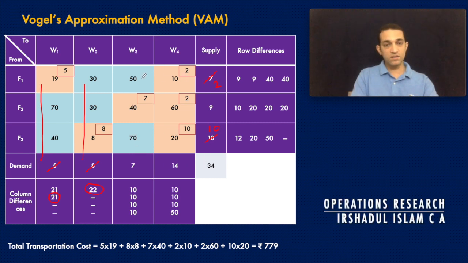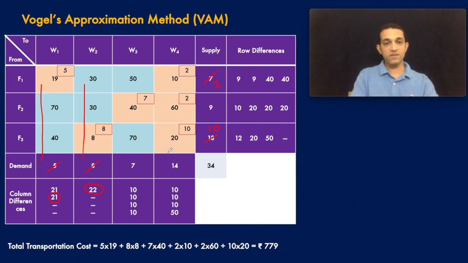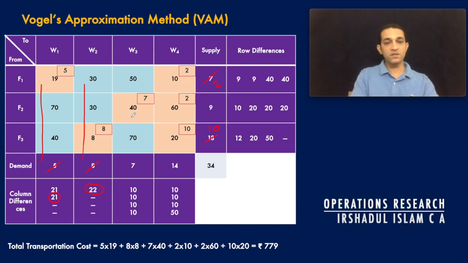Calculate the row difference penalty again. 10 and 50, difference is 40. 40 and 60, difference is 20. 20 and 70, difference is 50. Here there are no elements. Here 40 and 50, difference is 10. 10 and 20, difference is 10. So the highest penalty value is 50.